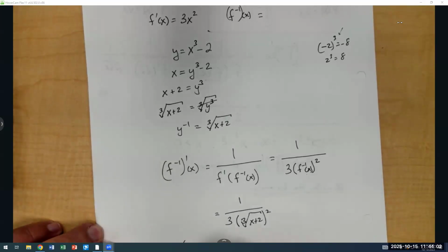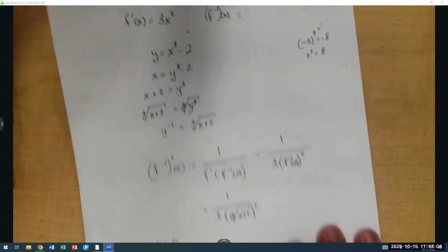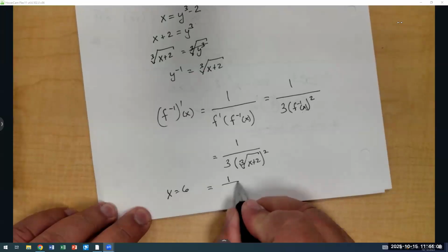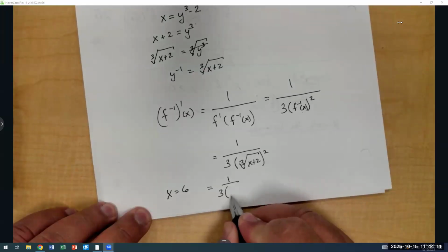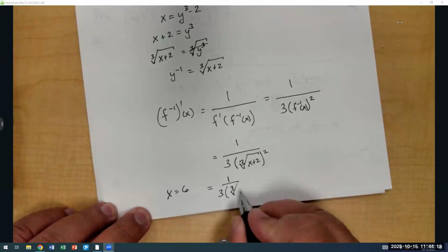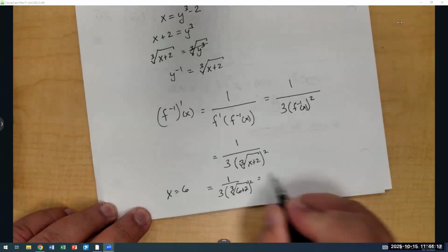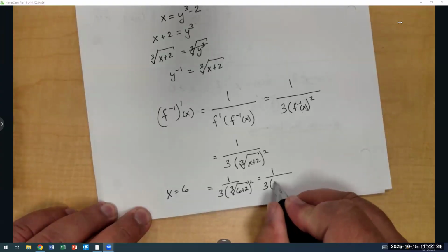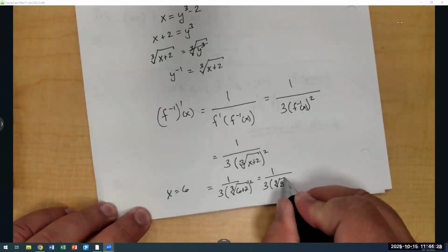Now, when x equals 6, the cube root of 6 plus 2, squared, the cube root of 8.